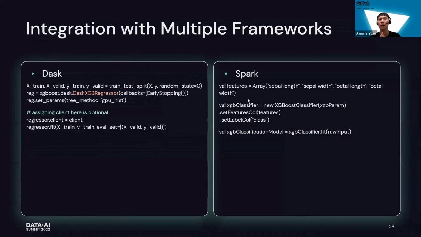Here is a snapshot of how to train XGBoost in a distributed environment. On the left-hand side is the Dask interface, and on the right-hand side is the Spark interface. It's by design that we make it as similar as possible to the single node interface, so that users can scale up their pipeline easily.